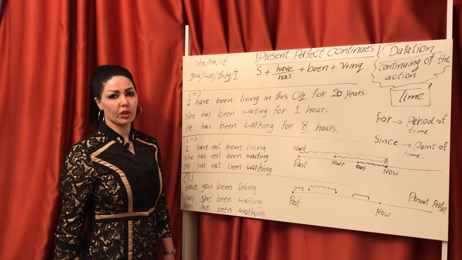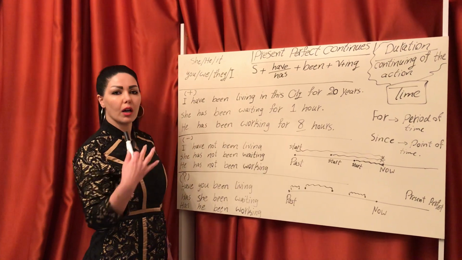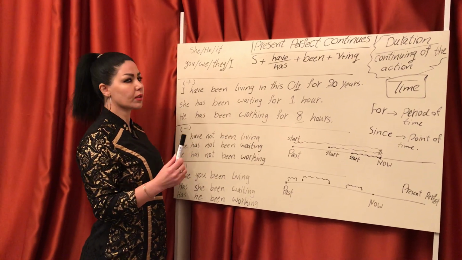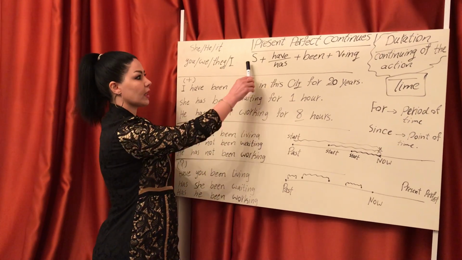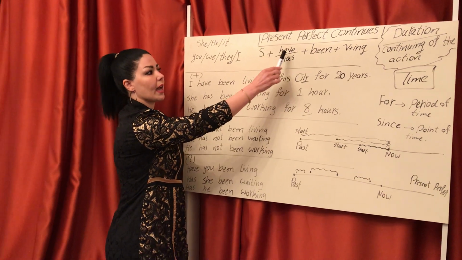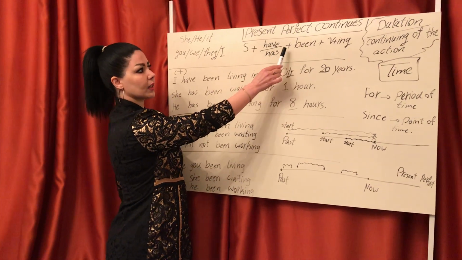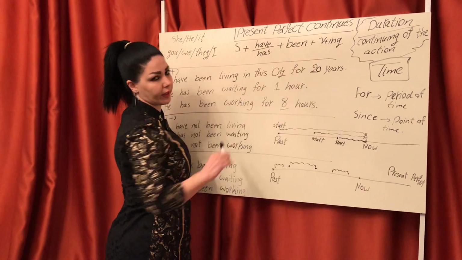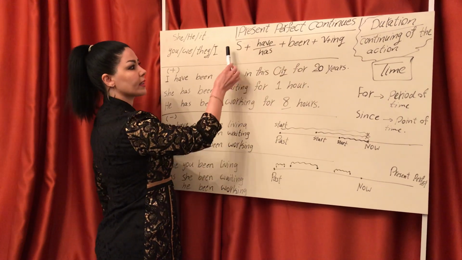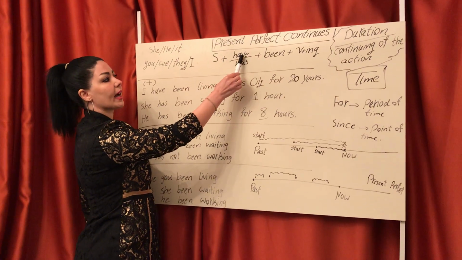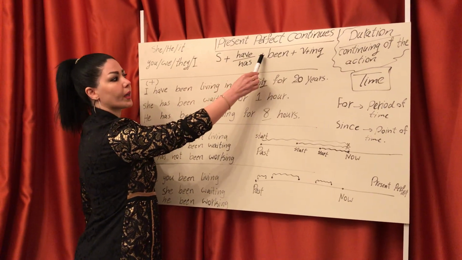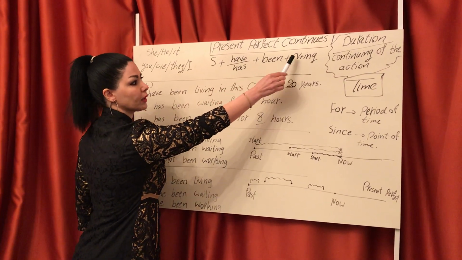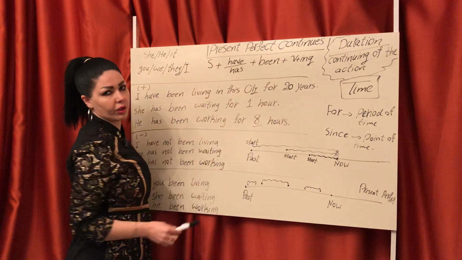What is the structure? The same as the other tenses. First we need subject. Subject plus have or has plus been plus verb plus ing. Again, subject plus have or has plus been plus verb plus ing.